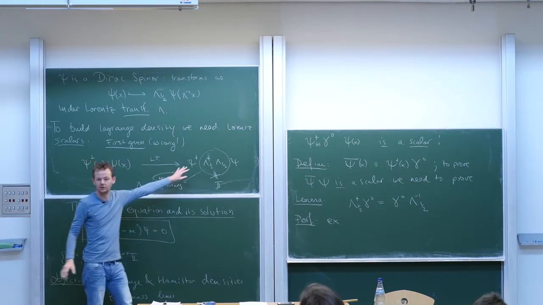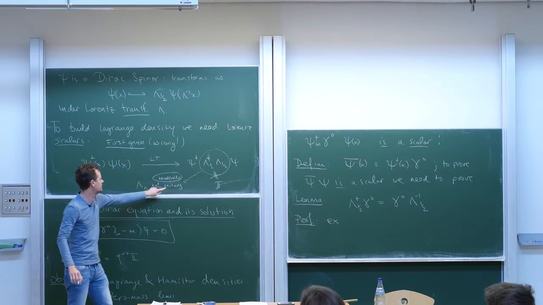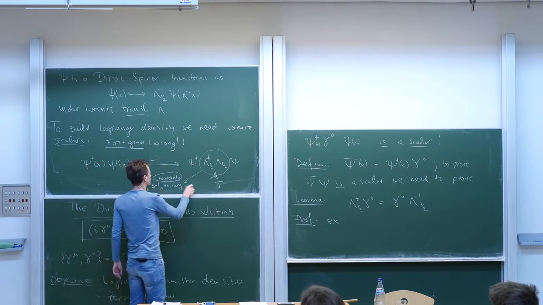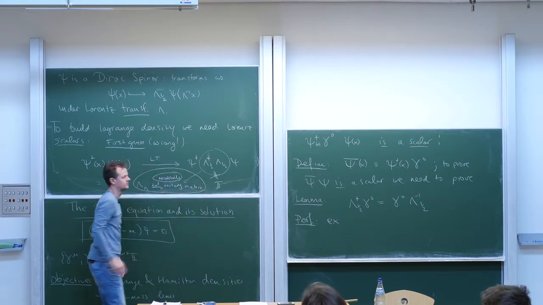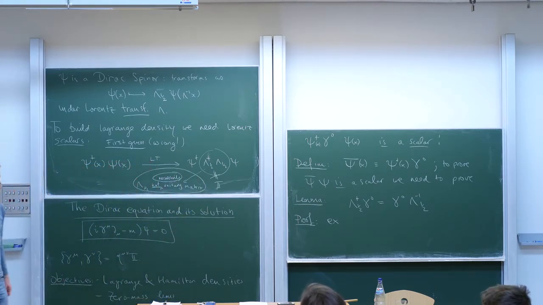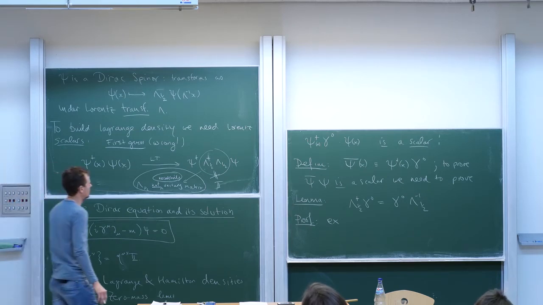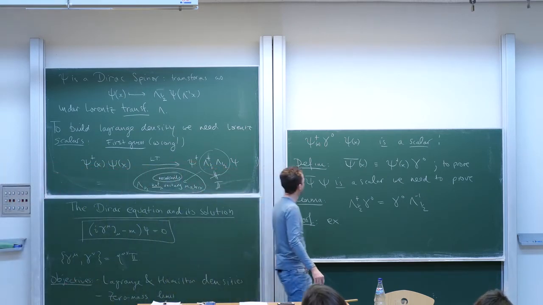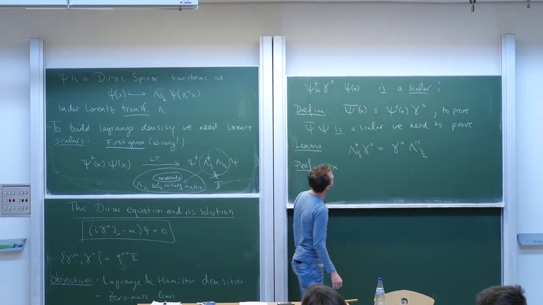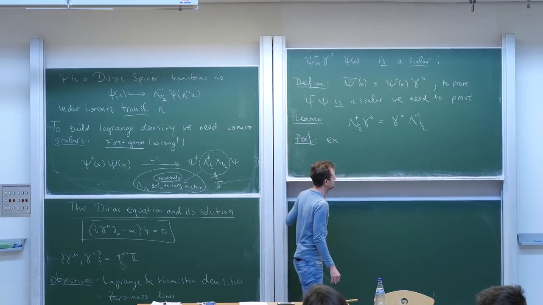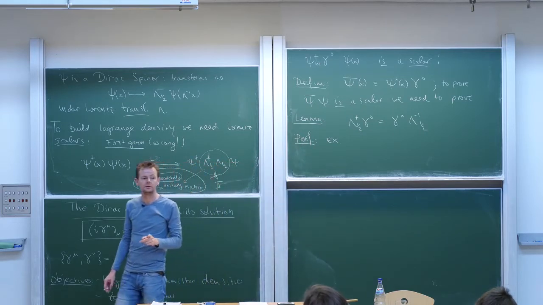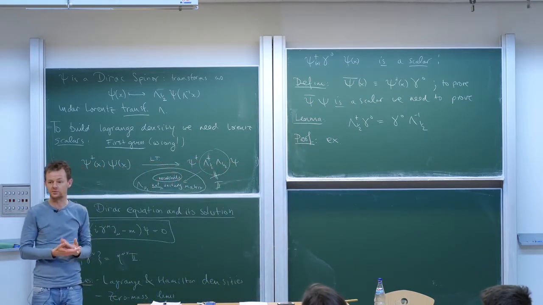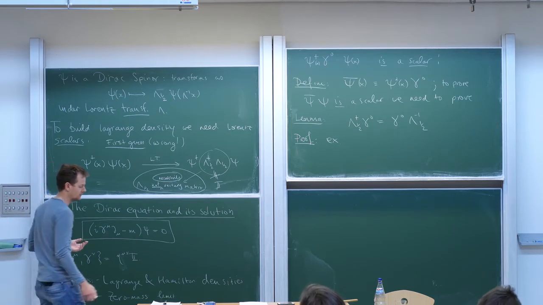Just to amplify this point, lambda one-half is not necessarily a unitary matrix. That's why the other quantity is not a scalar. Following on from this observation, we can build vector quantities from spinors.